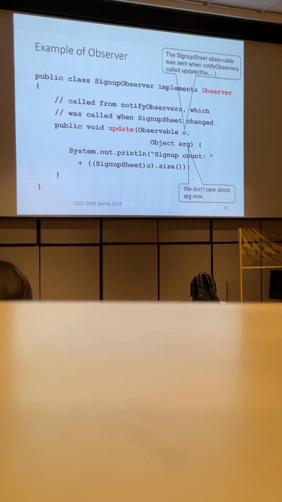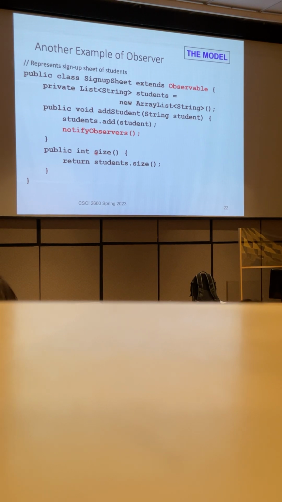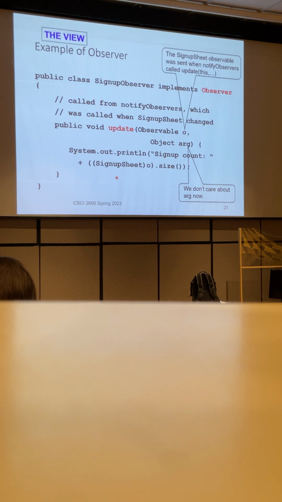See how the update method of the observer uses O's size method? Basically it checks what your current size is. So it pulls data from the model. It says, well, model, give me your current size, please. The model doesn't even know that it's been queried for new data. So this is the pull model.